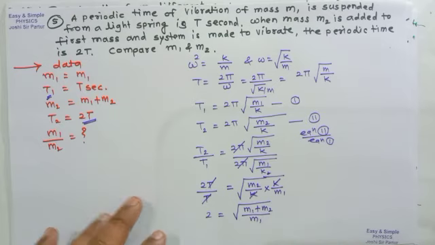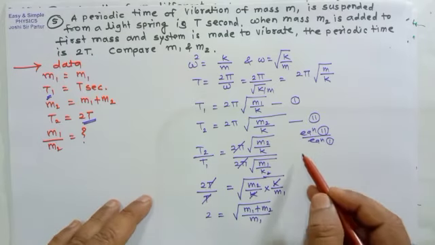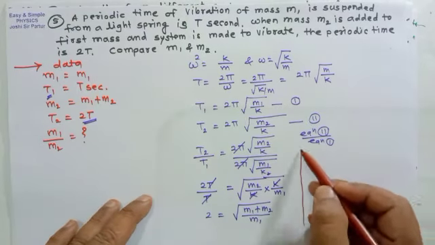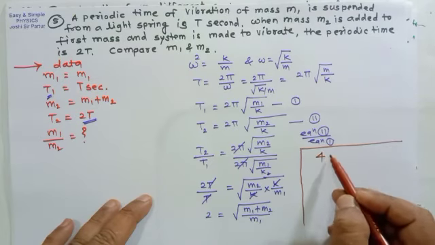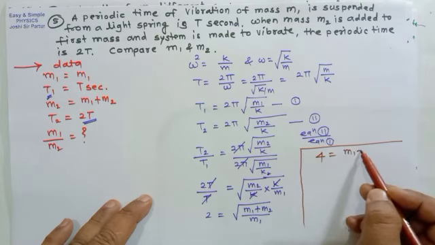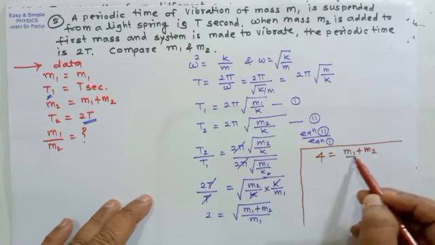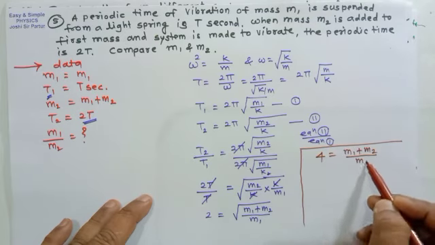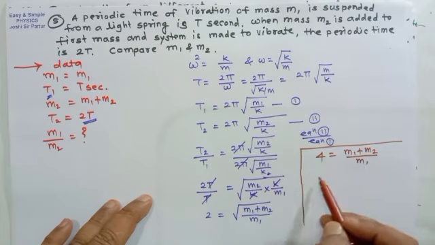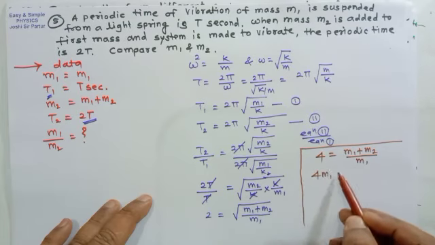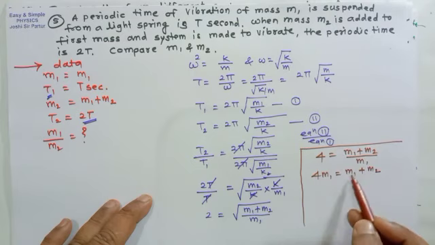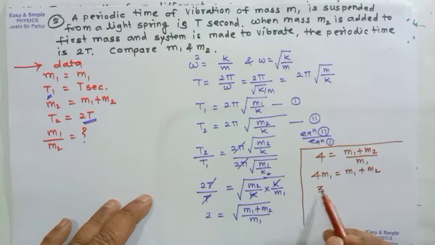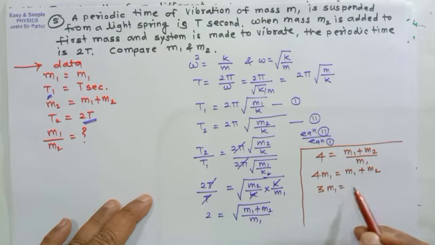So here we square the equation on both sides. If we square both sides, it becomes 4 is equal to (m1 plus m2) upon m1. So m1 is multiplied here: 4m1 is equal to m1 plus m2. Shifting the m1, it becomes 3m1 is equal to m2.